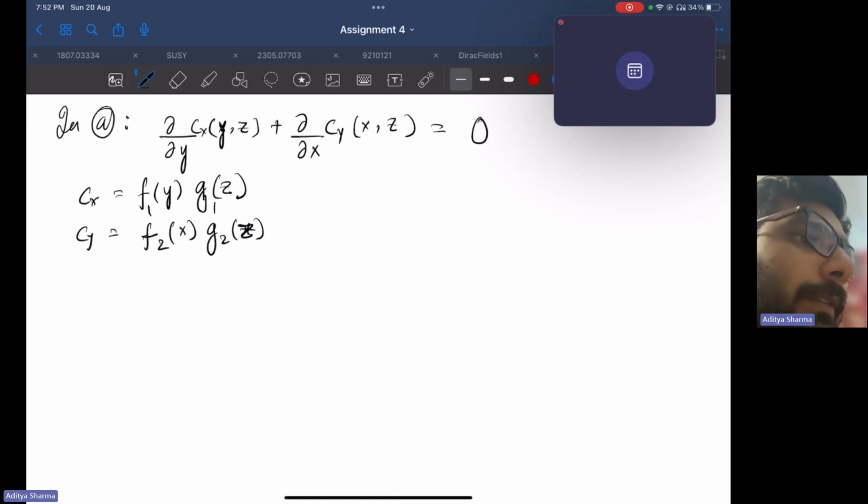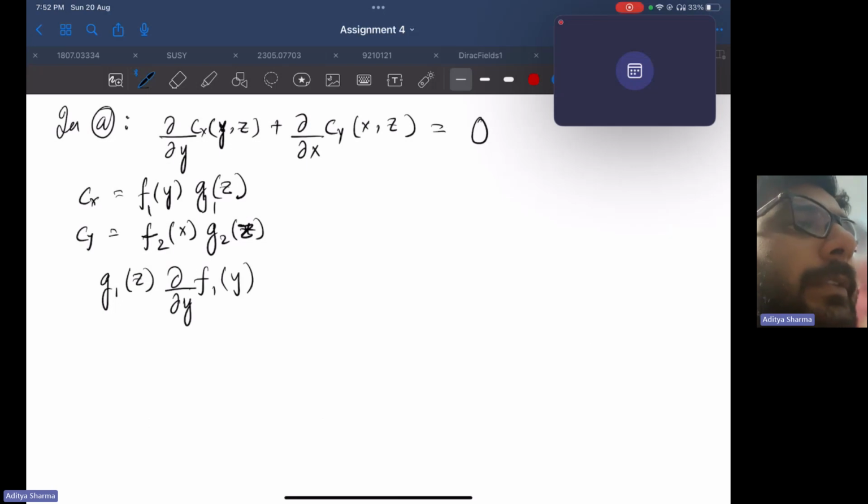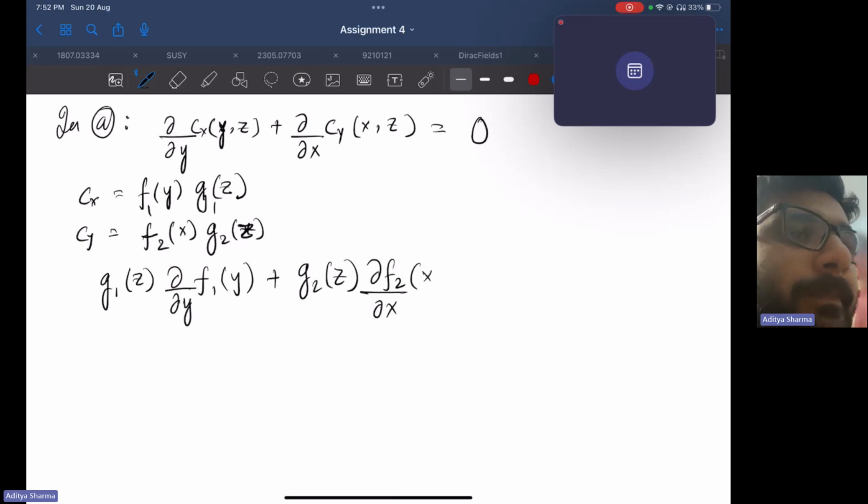So del y will act only on f1. So we'll have g1 of z del y f1 plus, similarly, we have g2 of z del f2 by del x.